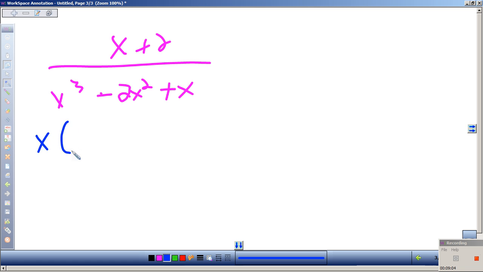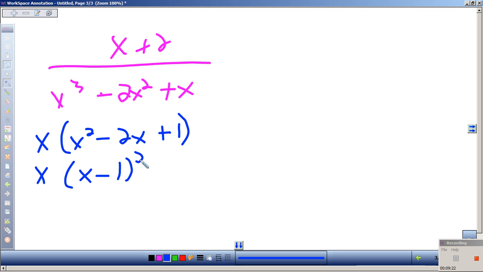Okay, so x squared minus 2x plus 1 can't factor further. What would this factor as? x minus 1 times x minus 1, or x minus 1 squared.